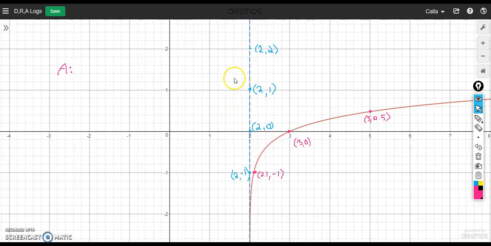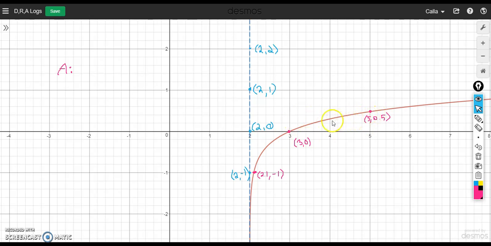If I'm given a graph and I want to find out what the asymptote is, I can do two things that will help me determine it and be sure of my answer. One thing I can do is mark some easy to see points on my graph. Here we have (5, 0.5), (3, 0), and (2.1, -1). I know that the first value listed in my ordered pair is the x value.